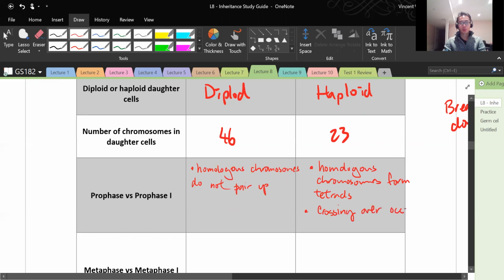Crossing over occurs to create genetic variation.